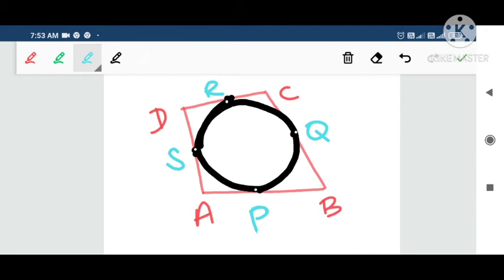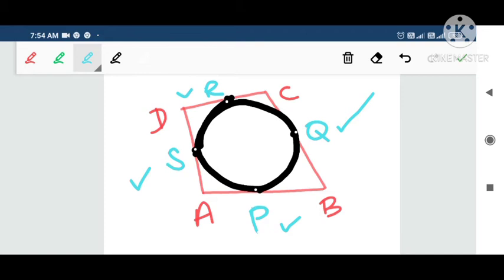Now observe, we need to prove that the sum of one pair of opposite sides is equal to the sum of the other pair, that is AD plus BC is equal to AB plus CD. Sum of the opposite sides is equal to the sum of the other two sides.